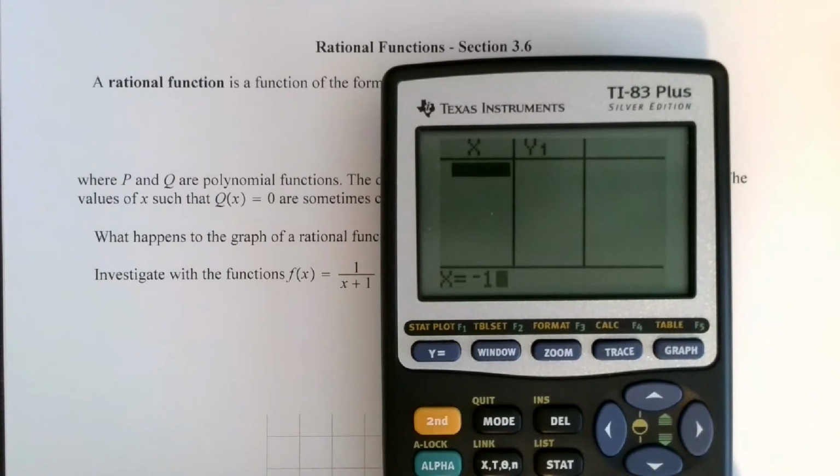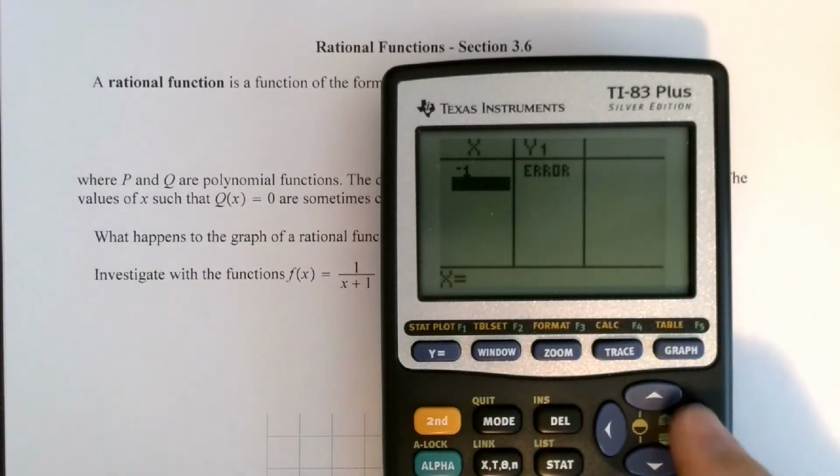Well, division by 0, I shouldn't get a value, right? In fact, the calculator says error. There is no output. And so one thing we know for sure, if I'm graphing this function f, a vertical line at x equal -1 will never hit any part of the graph. There's no output. -1 is not in the domain of this function. In fact, the domain of the function f is all real numbers except -1.